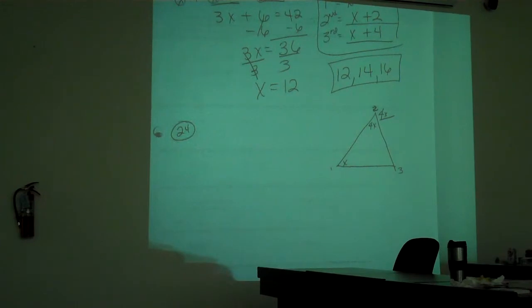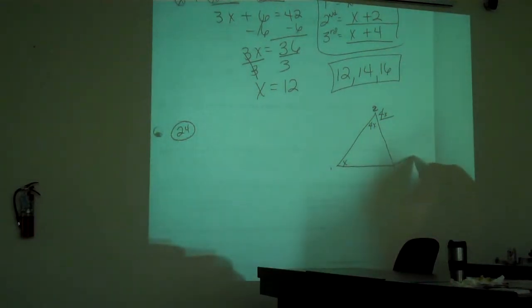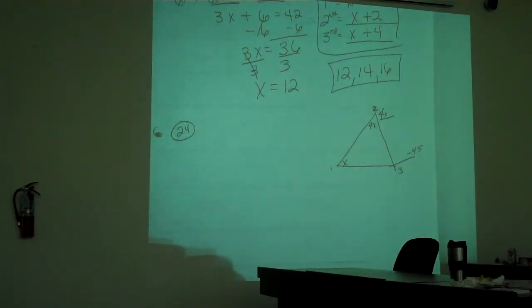Okay. And then it says the third angle is 45 degrees less than the sum of the other two angles. So this one is 45 less than the sum of the other two together.